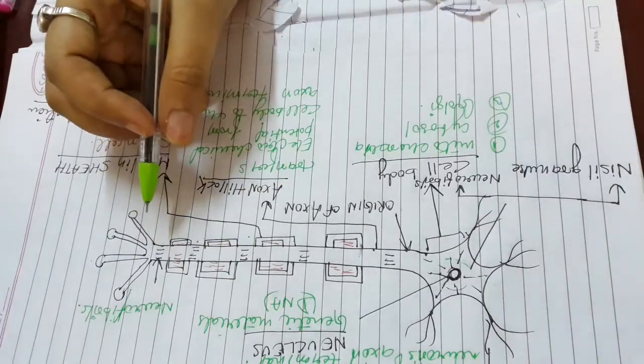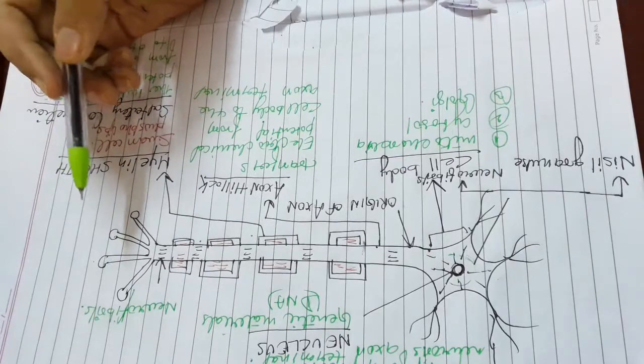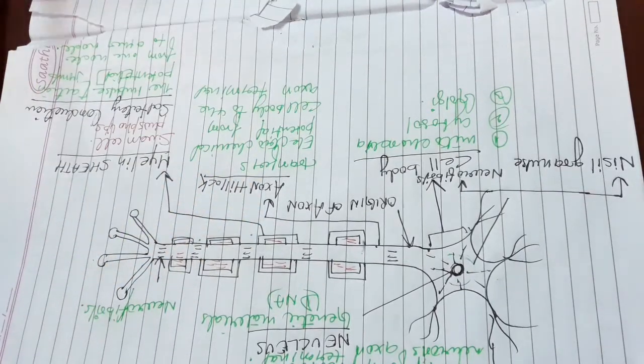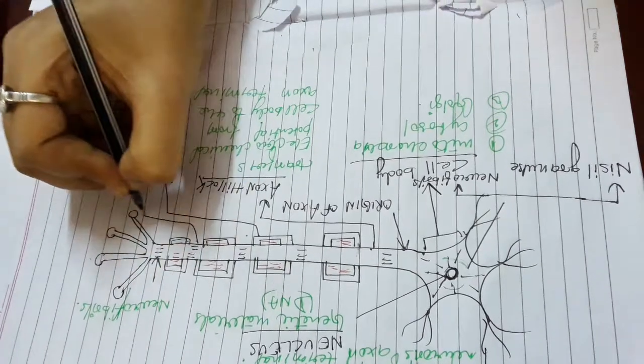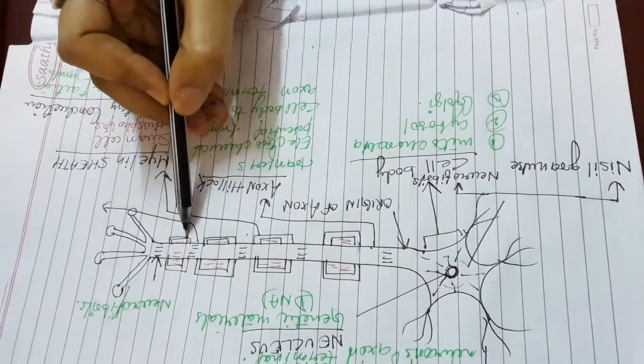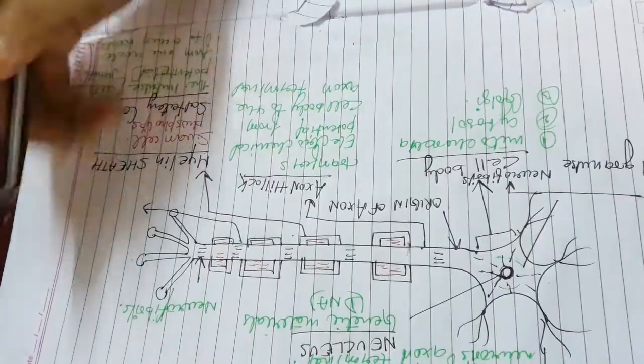Next we will see the terminal part. Before that we will see the node of Ranvier. The gap between the two myelin sheaths is called the node of Ranvier.